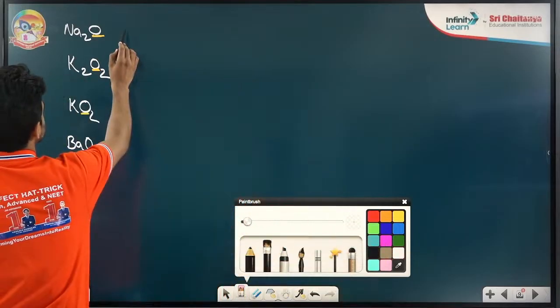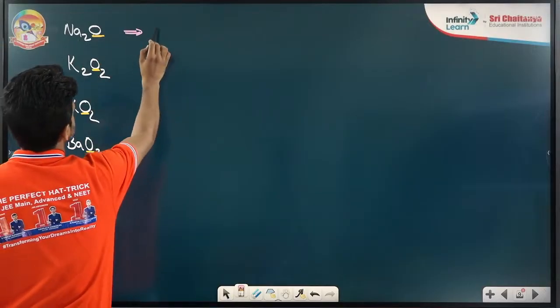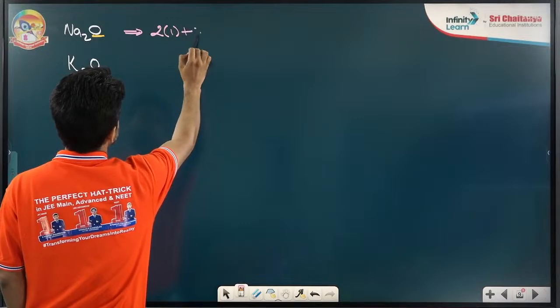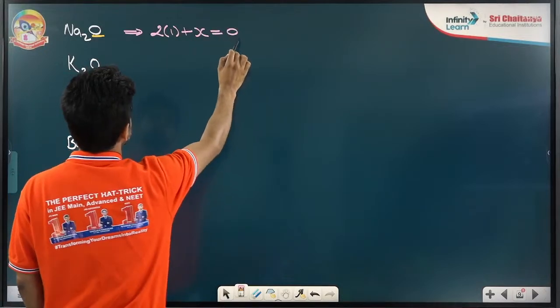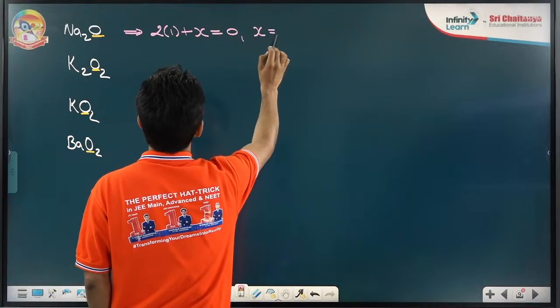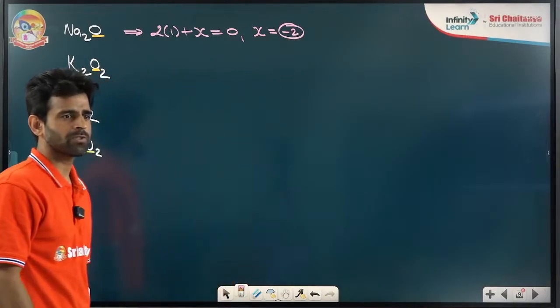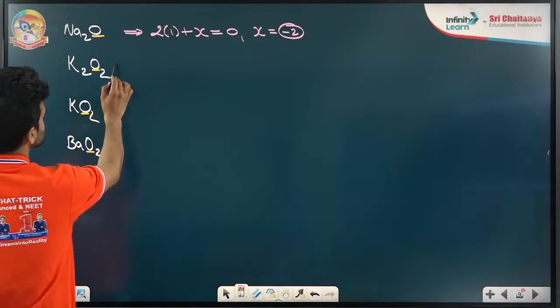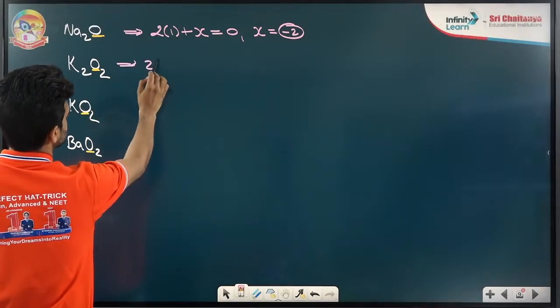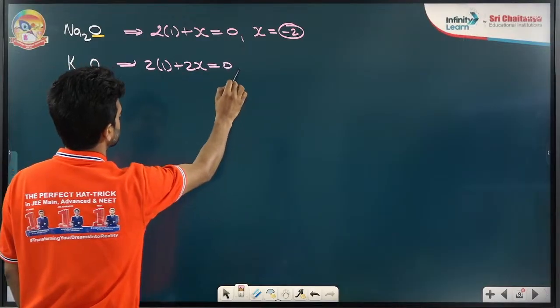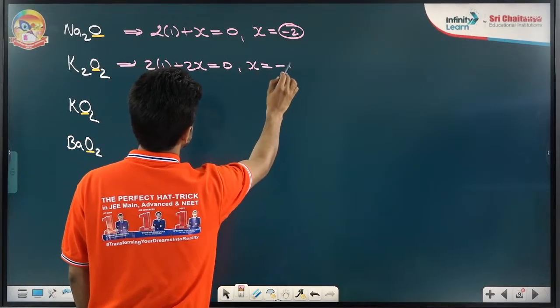So if we solve this one, what's coming for sodium? 2 into 1 for sodium, x for oxygen equals 0. So x is coming how much? Simply -2, right? In the next case, we have to find for oxygen. 2 into 1 for potassium, 2 into x for oxygen equals 0. So from here x is coming how much? -1.